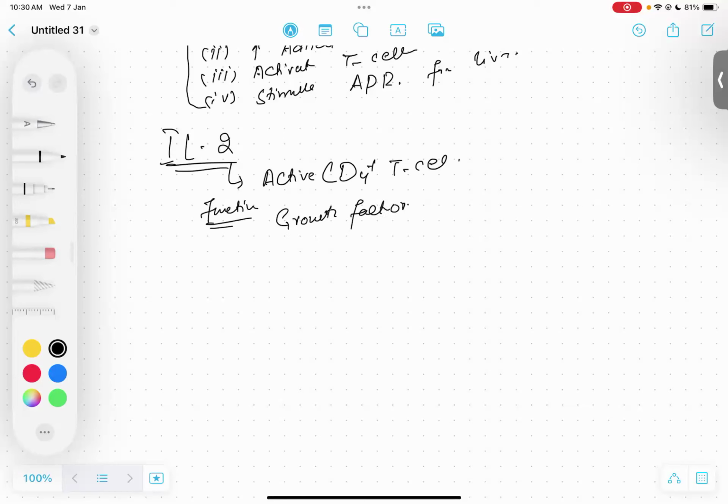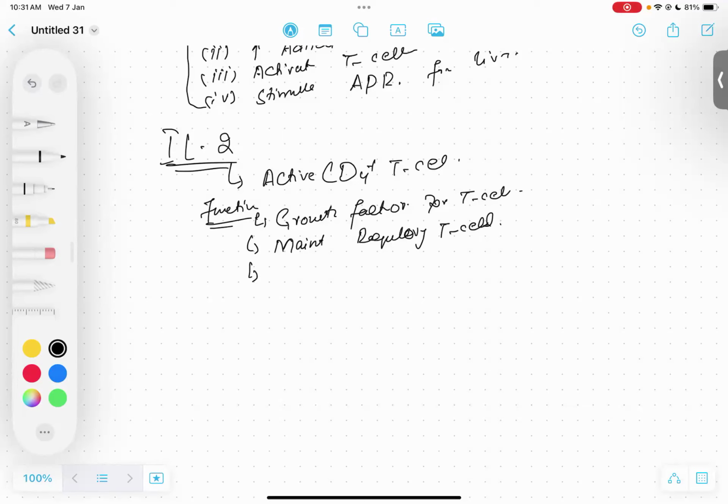This interleukin 2 is a growth factor for T cells first, and it will also maintain the regulatory T cells. Regulatory T cells will prevent the overstimulation of the T cells. So these are called regulatory T cells.